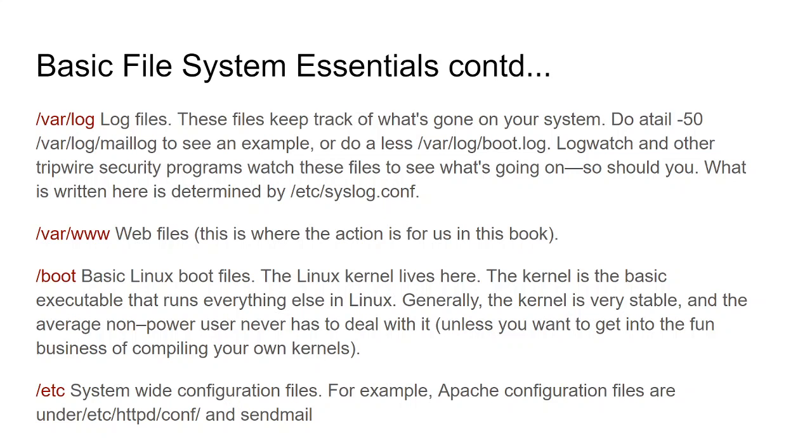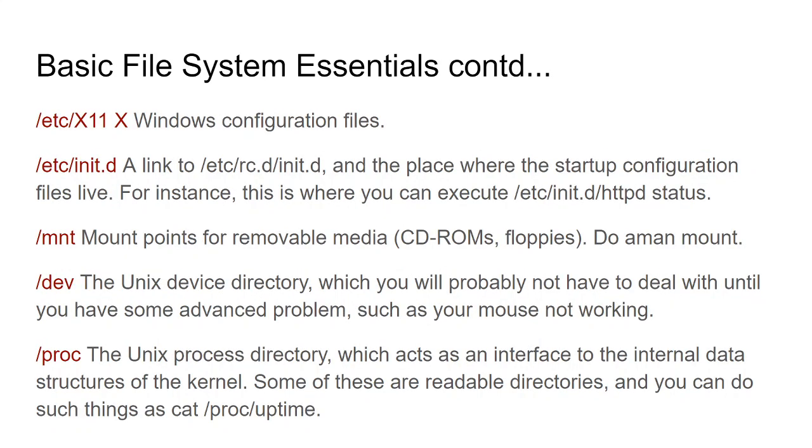Slash boot is where the basic Linux boot files are present, and slash etc has the Apache configuration files, maybe under slash etc slash httpd slash conf. And slash etc slash X11 has the windows configuration files.